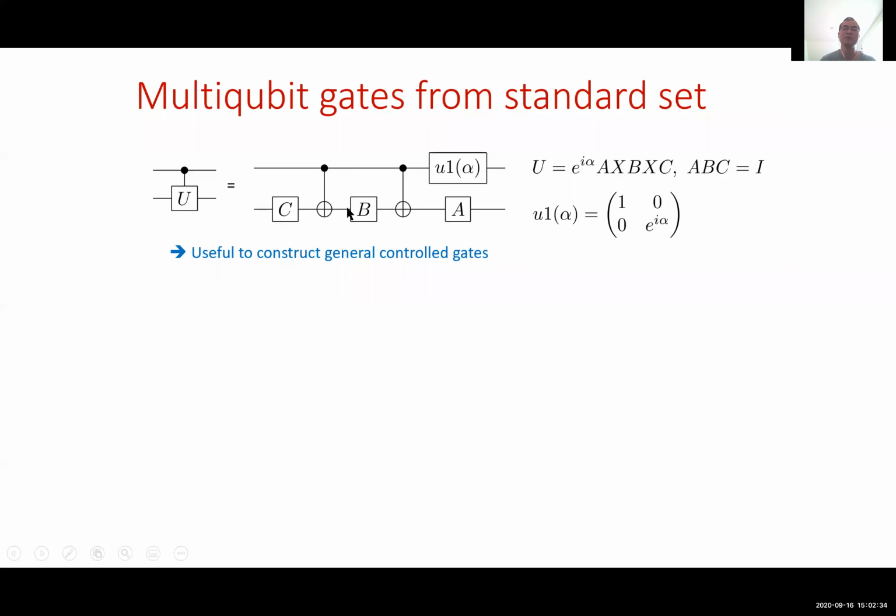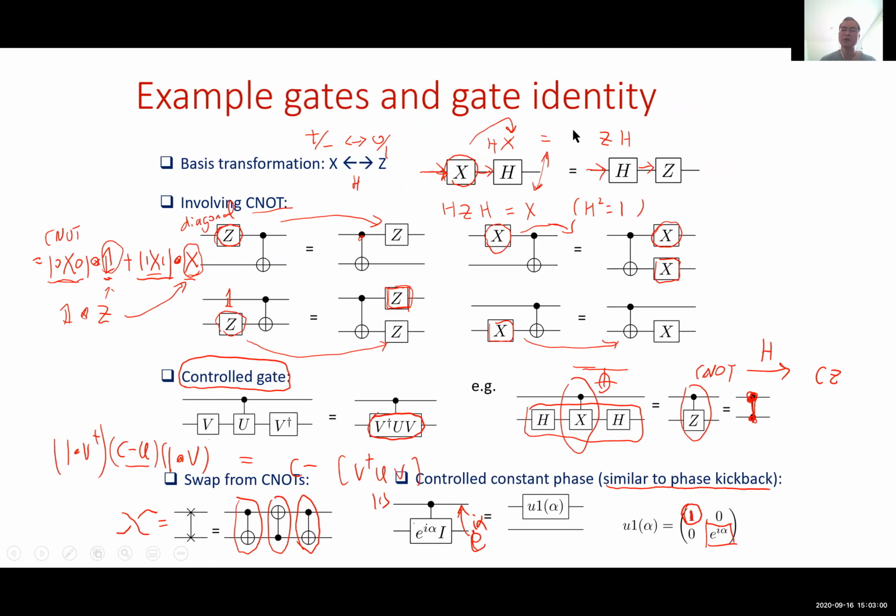There are two of them, and these A, B, C are sandwiched in this way. So basically C is applied first, then a control X, then B, and then another control X, and then you apply A. Remember this is the phase, the U1 phase that I have here.